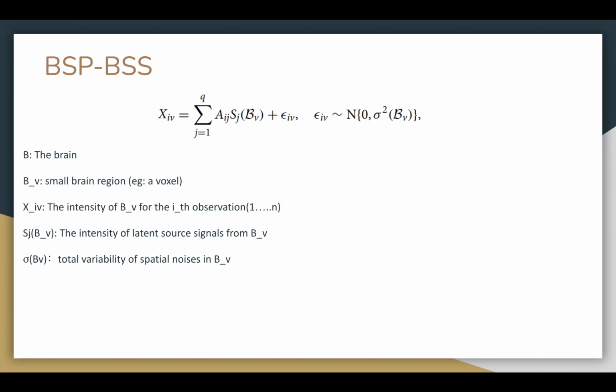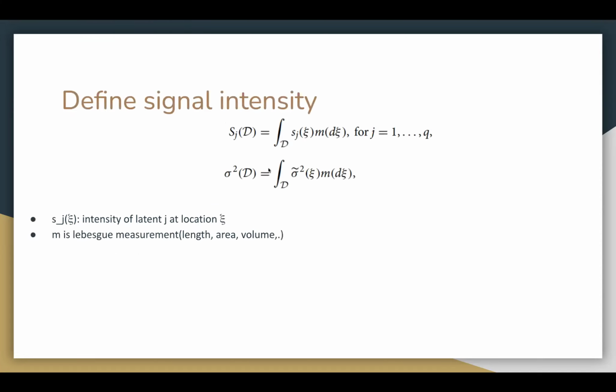We assume there are a total of two latent sources, and sigma here is noise. And in this paper, this noise is also a learnable parameter. So this is how they settle down this model, and a couple of notations and definitions to understand.